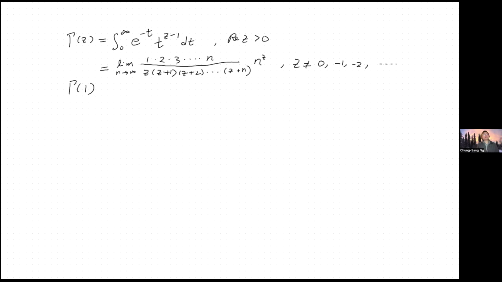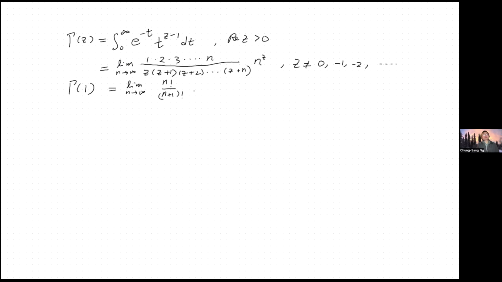You can write it explicitly: this becomes n factorial, and this is 1, and this is 1 plus n, so this is n plus 1 factorial.